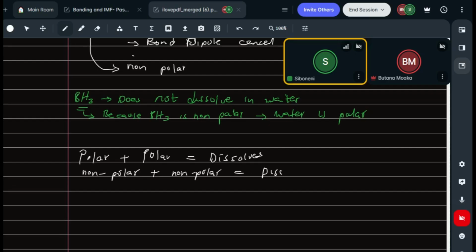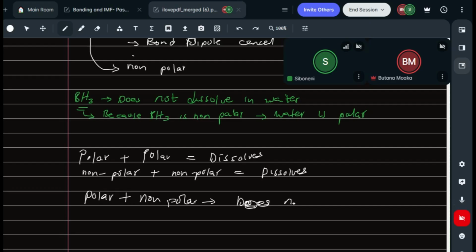Dissolves. And then what about polar plus non-polar? It doesn't dissolve. Exactly. Does not dissolve. Okay, let me move to the next question.